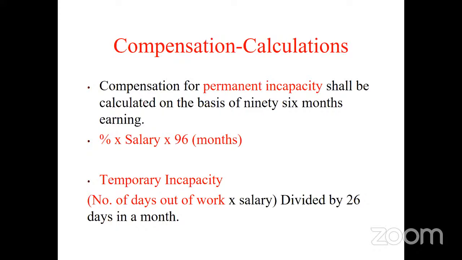And then we go to compensation, how we are supposed to calculate. Compensation of permanent incapacity shall be calculated on the basis of 96 months earning. What is permanent incapacity?